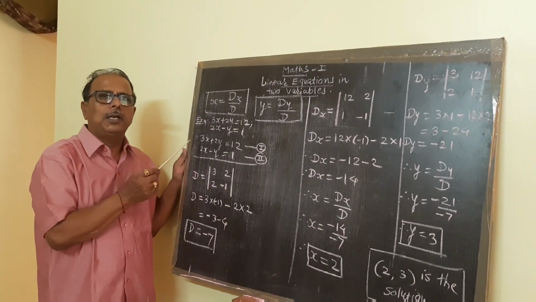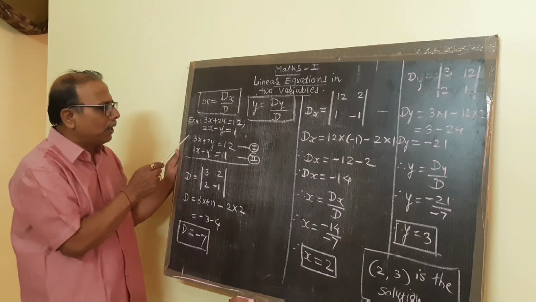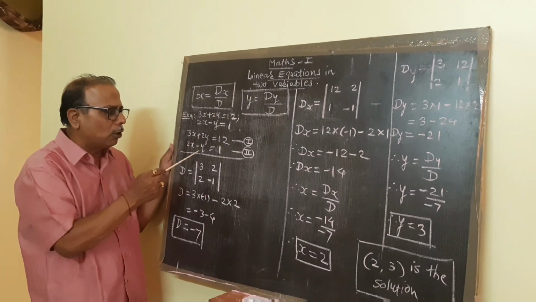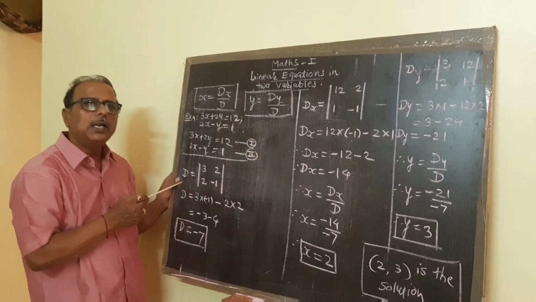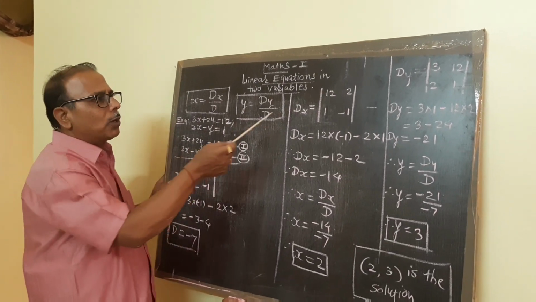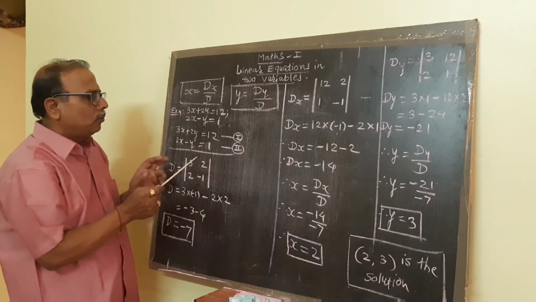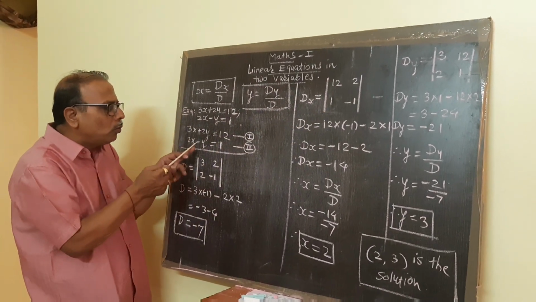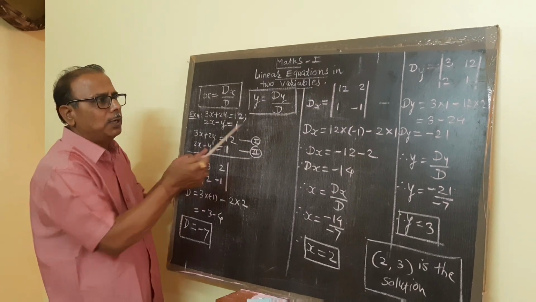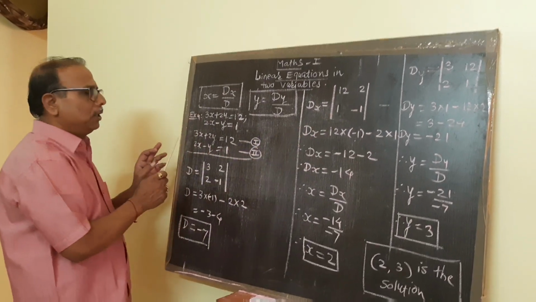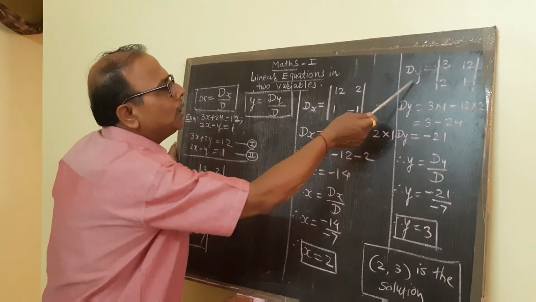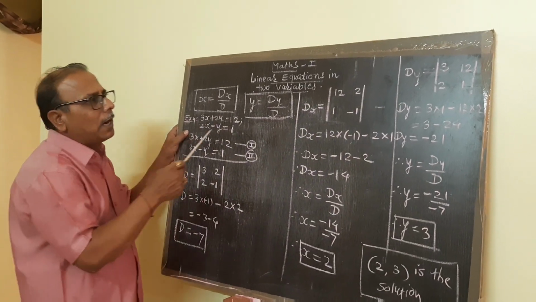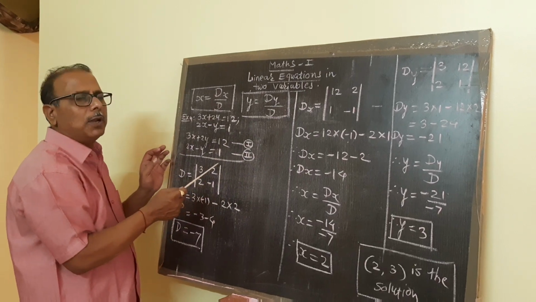To write the determinant, we have a trick, taking first column, second column as it is. So we will get here determinant d. To write the d of x determinant, we should take the first column 12 and 1 and second column 2 and minus 1. And to write the determinant dy, we should take first column 3, 2 and then 12, 1.